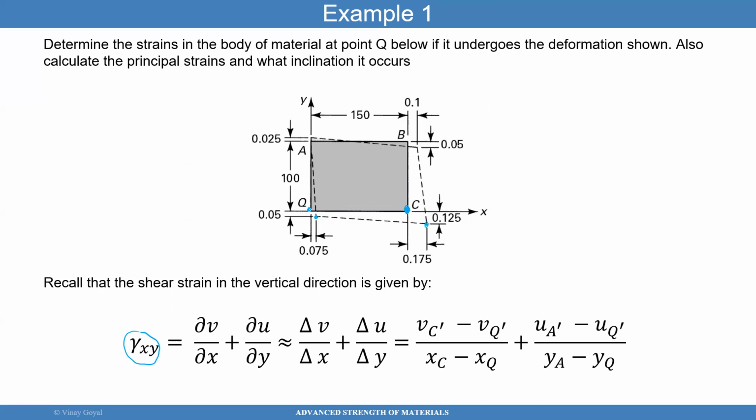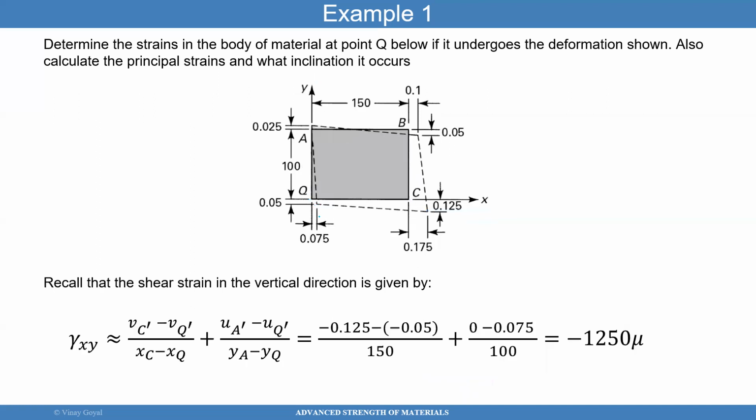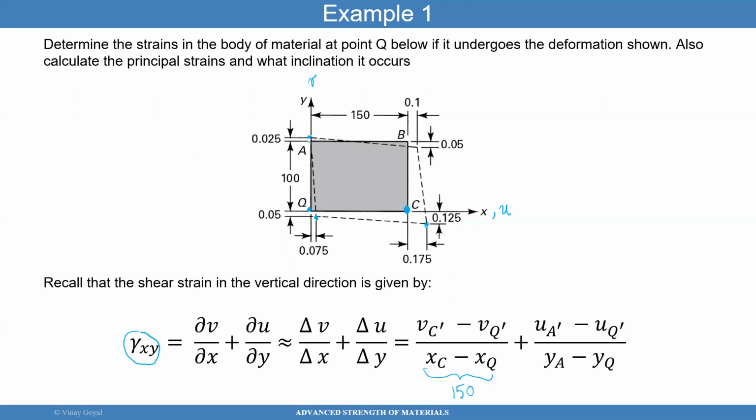I know this is 150 at the bottom. And then the relative deflection in the axial direction. Remember, U goes right and V goes up. Vertical deflection versus horizontal deflection. I do the same thing. The point A moved to this point. Point Q moved to this point horizontally. So I'll go ahead and, by the way, this minus that is 100.